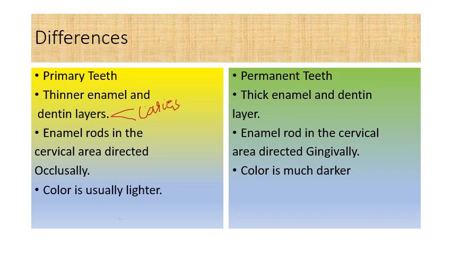So you have to take care of primary teeth as they guide the underlying permanent teeth, and they will come to occupy these spaces. And if they are lost prematurely, they can cause disturbance in the alignment of the permanent teeth, right?